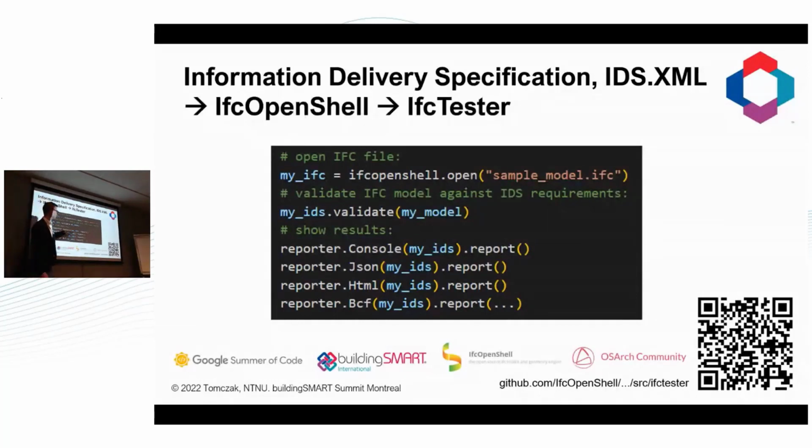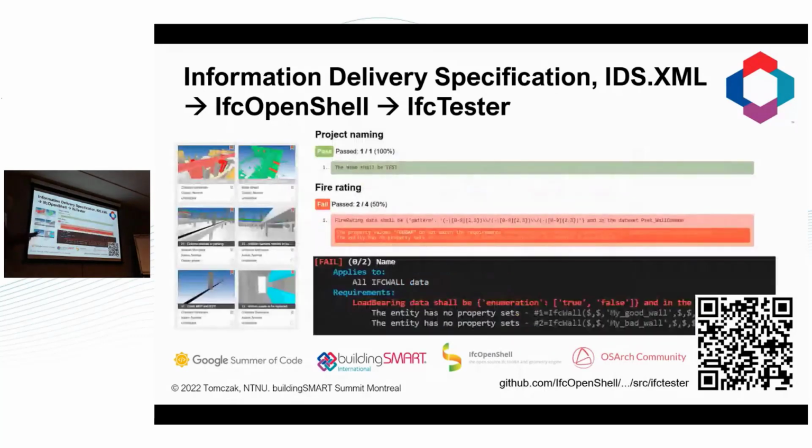One of them is to just print the results in the console, but I can also download the HTML report, or I could make a BCF report with a camera view where this problem is in my IFC model and so on. And those are ways how you can display your problems when your model is not compliant with the requirements: console, website, or BCF, which you can open in any other BCF supporting software.